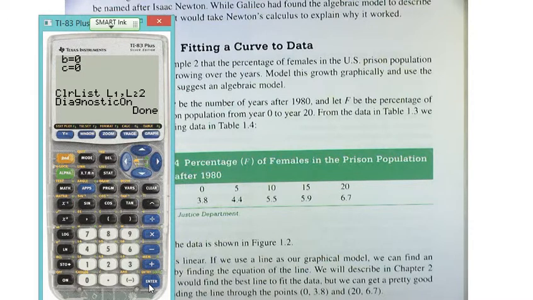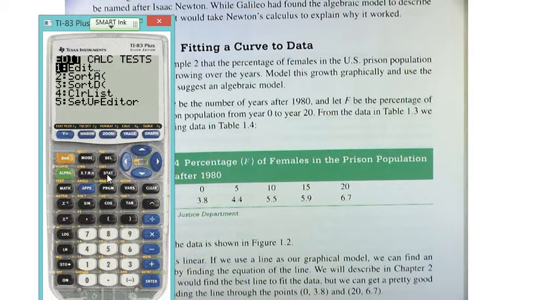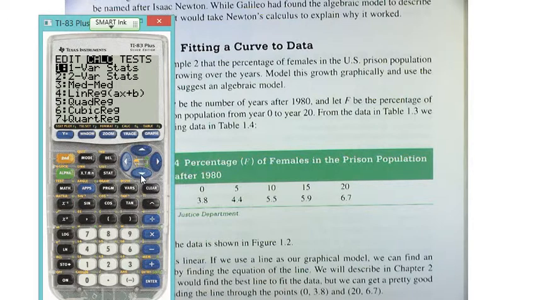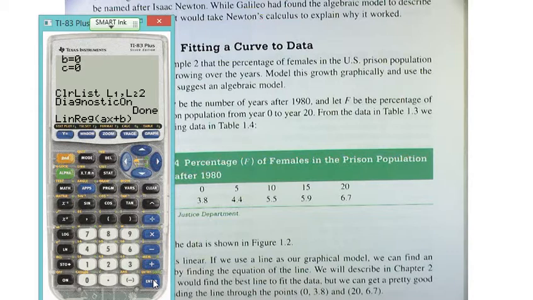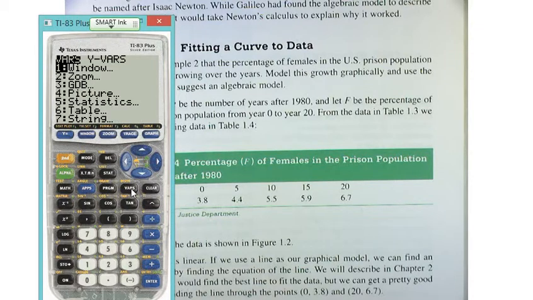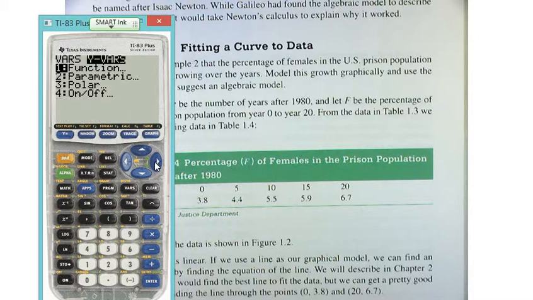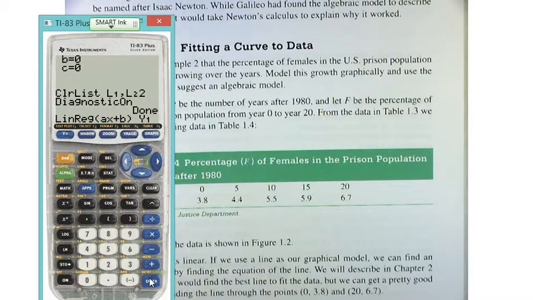Now the R squared value is a way of letting me know how close every data point is to the line. So why would I want to do that? Well, let's go back to the graph. Now what I'm going to do is select stat, go to the calculate menu. It looks like a straight line, so I'm going to try a linear regression. By default, it'll do L1, L2. I want to store this in Y1, so I have to hit the vars button, select Y vars, and then choose 1 for function, and I want to store that in Y sub 1.